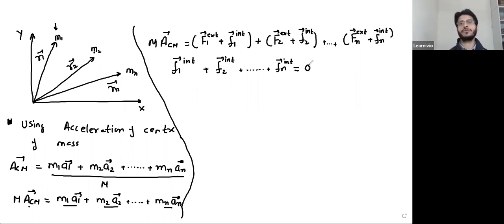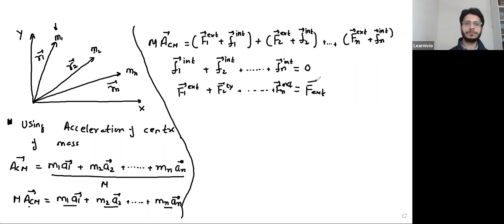They cancel out each other. Net internal force on the system is 0. But external force will not cancel. So F1 external plus F2 external up to Fn external is the total external force on the system.